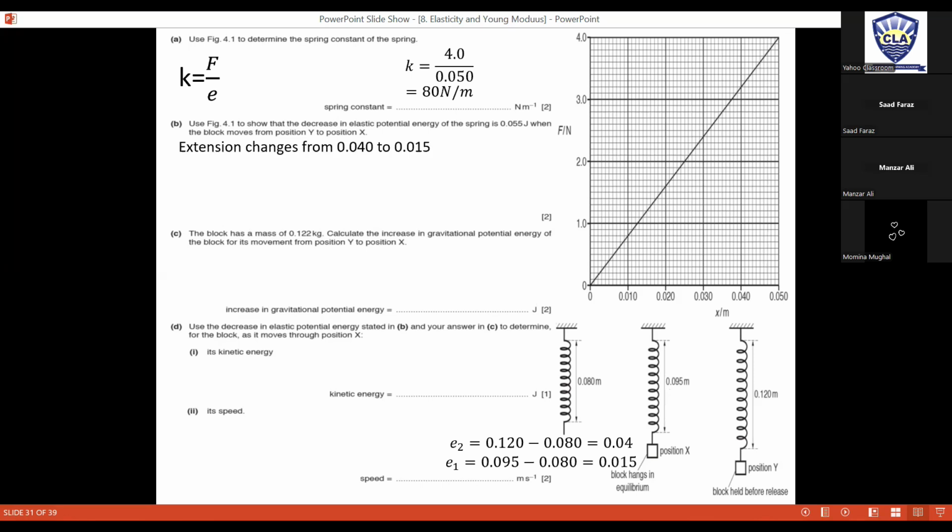So, extension from 0.04 to 0.015. W2 minus W1. Put the values in.